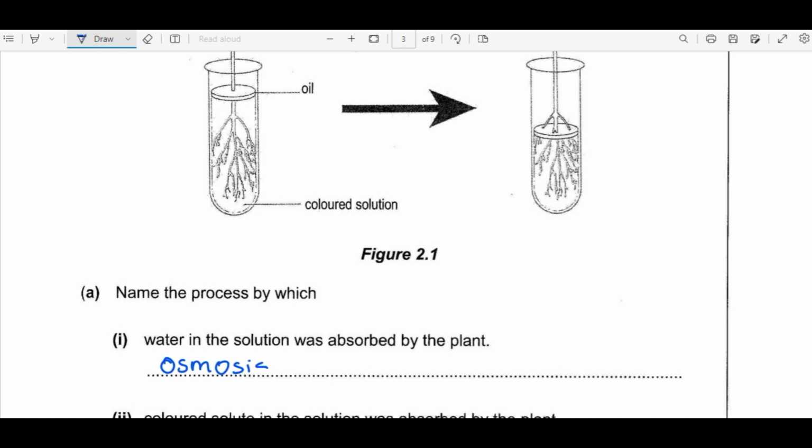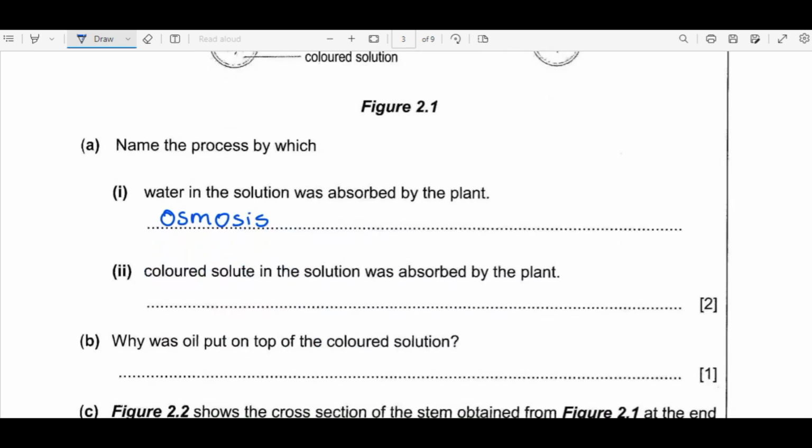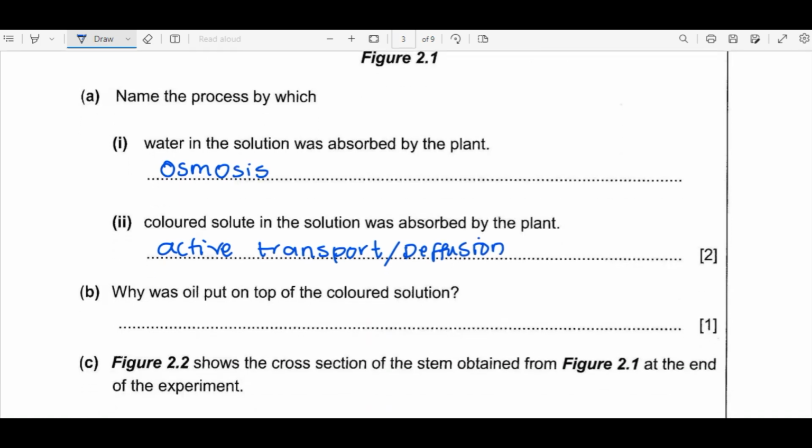Anything to do with movement of water is osmosis. Then the colored solute in the solution was absorbed by the plant. This is active transport. We can also look at this as diffusion, since we are dealing with the particles.